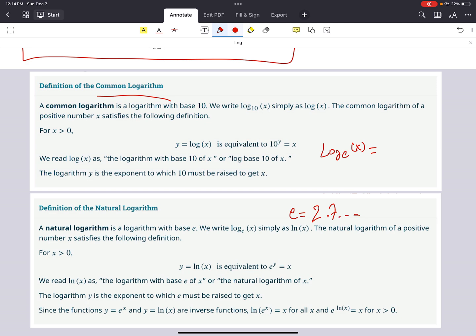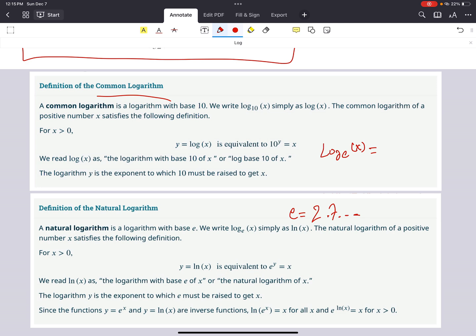I don't remember the exact numbers, but I do remember it starts with 2. Let me double check that really quick. Yes, it is 2.718 and so on.